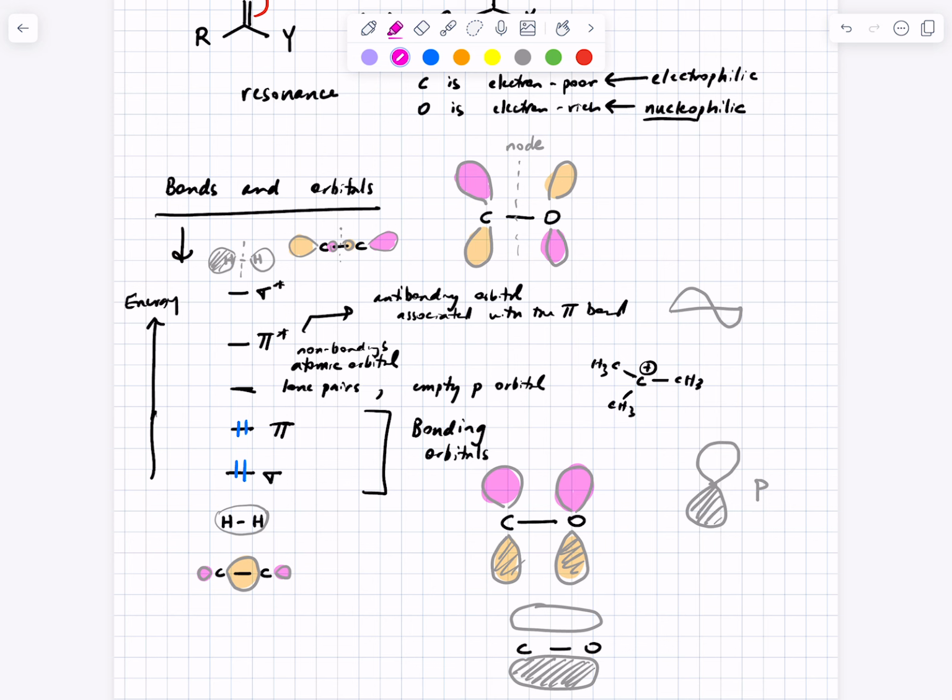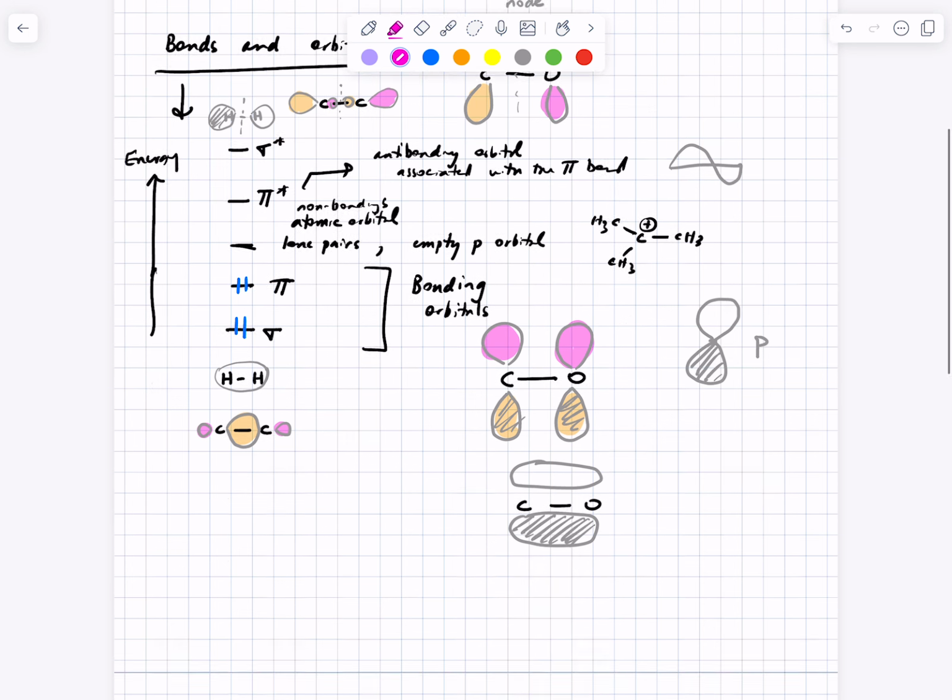Yeah, the star indicates that it's empty, that it's antibonding. In stable organic molecules, the bonding orbitals are all filled and the antibonding orbitals are all empty. Importantly, what do you think happens if you were to fill an antibonding orbital? Turns out you cancel out the benefit of the bond and you break the bond.